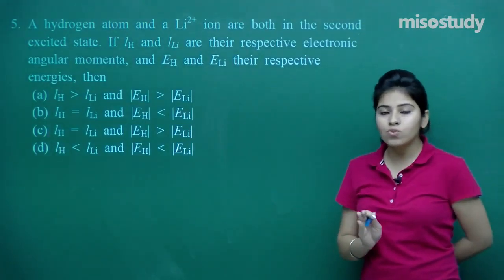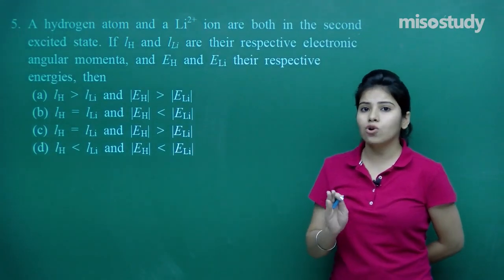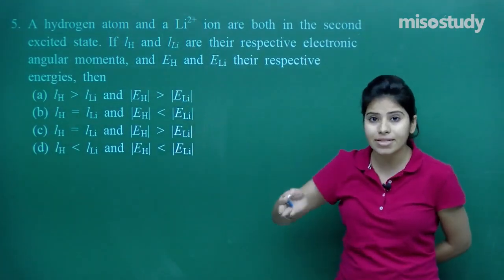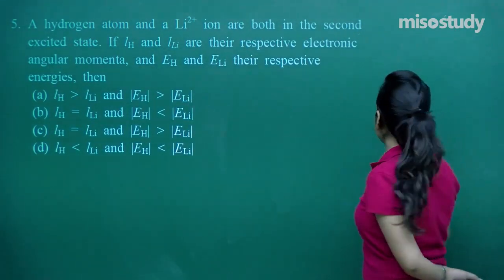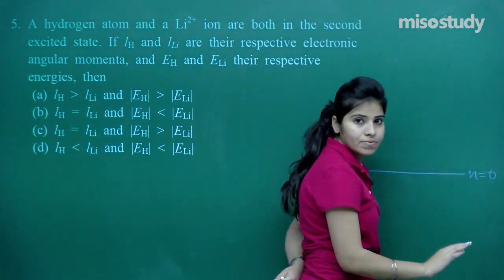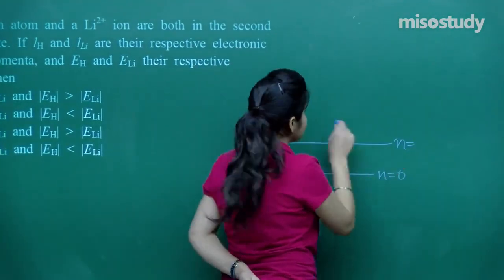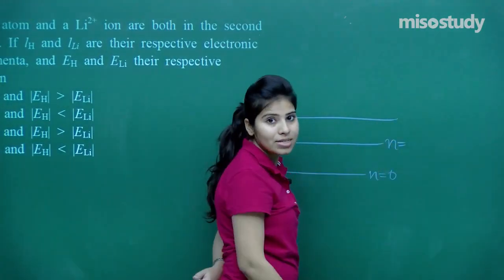So my dear friends, what you need to understand over here is that if they are talking about the second excited state, that means, let me say this is my ground state. This is first excited state. This will be second excited state.